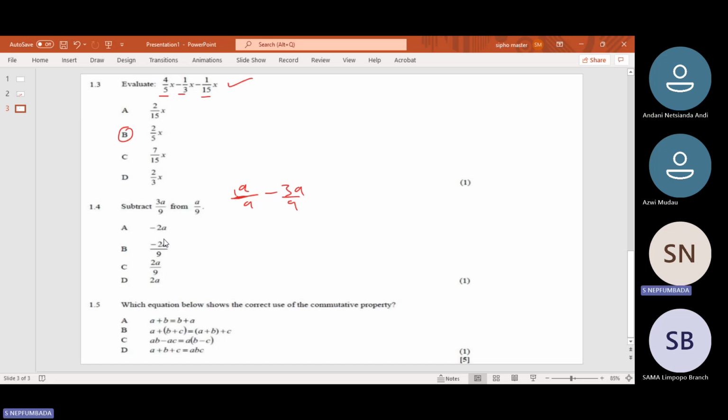Then what do you get? 2/9A. Negative number is C. Is that so?